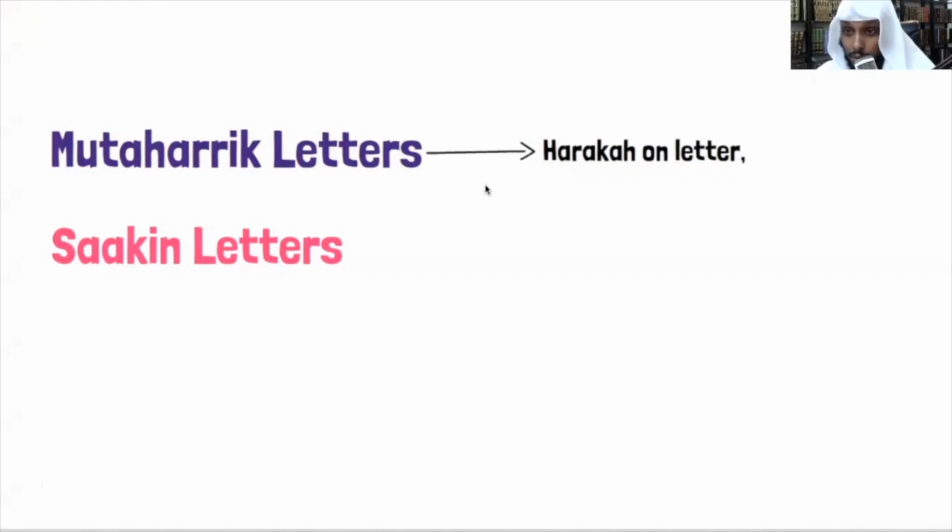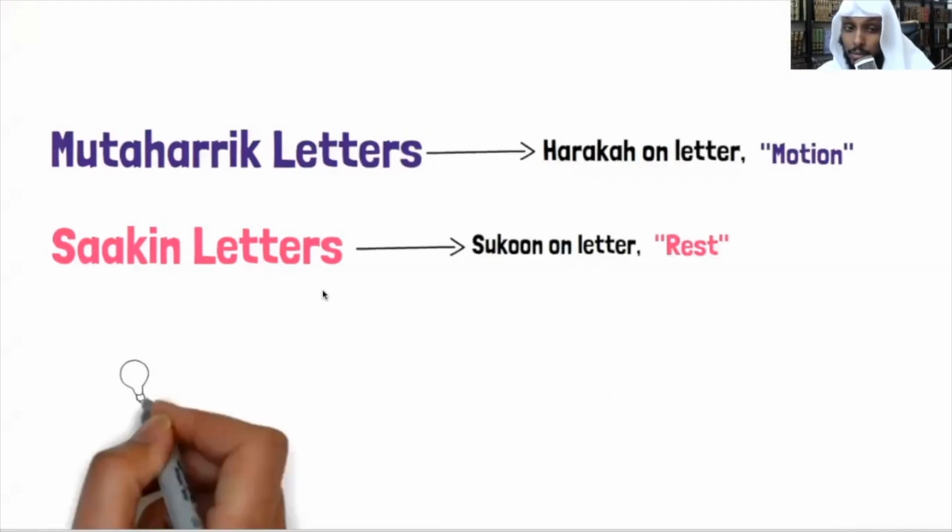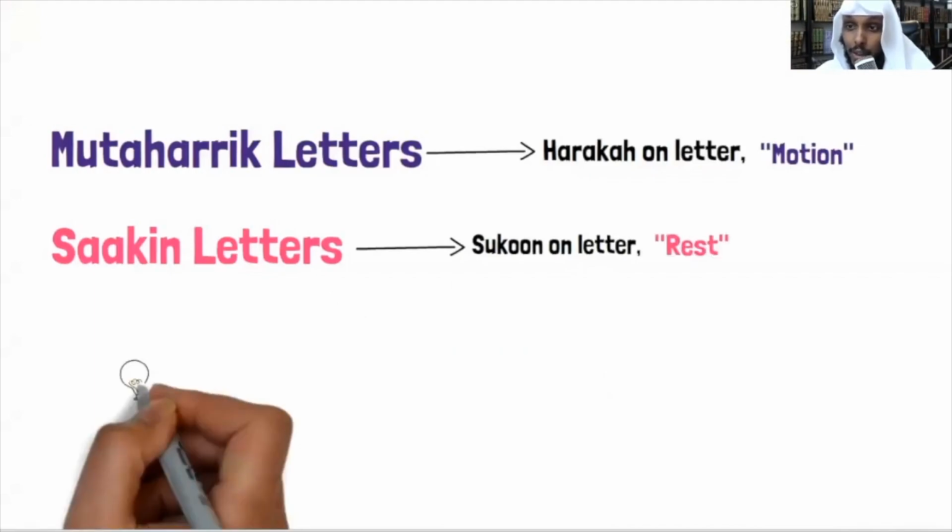So haraka on letter means what? It means motion, right? We learned that so far. Okay. So what does sakin letter mean? So a sakin letter is basically sukoon on the letter, literally, and sukoon stands for rest. Okay, so sukoon stands for rest. Okay, so based on this, we can conclude something, right?